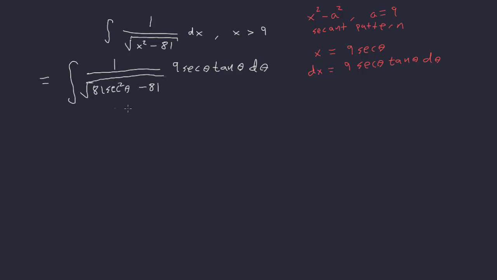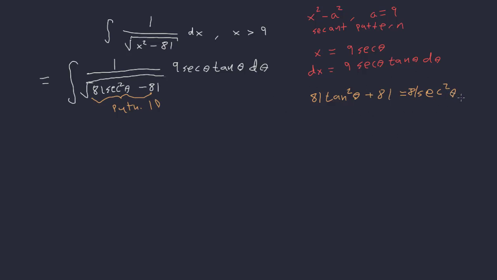All right. Now we're going to use our Pythagorean identity here. And it's always good to double check to make sure it works the way you want. So we know our Pythagorean identity for tan and secant is, I'm using a squared here, 81 tan squared theta plus 81 is equal to 81 secant squared theta.